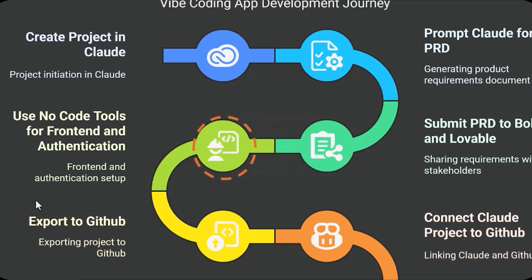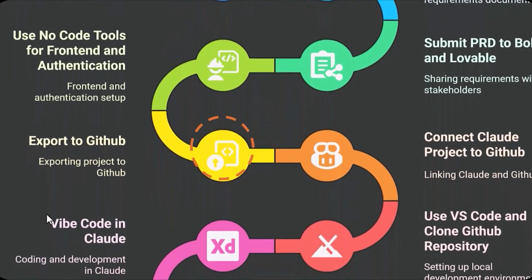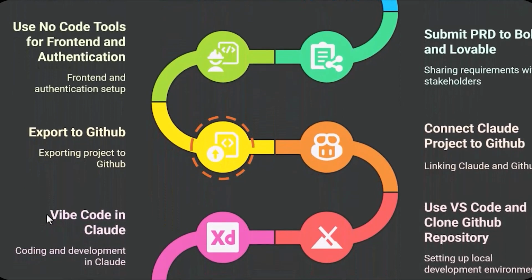And what I'm going to use Bolt and Lovable for are the front end and authentication setup. So those are two things that it does very well. So I'm going to let those tools do it before I export it to GitHub. And that's the next step, is to export it to GitHub. Once it's exported to GitHub, I can then connect it to my project in Claude.